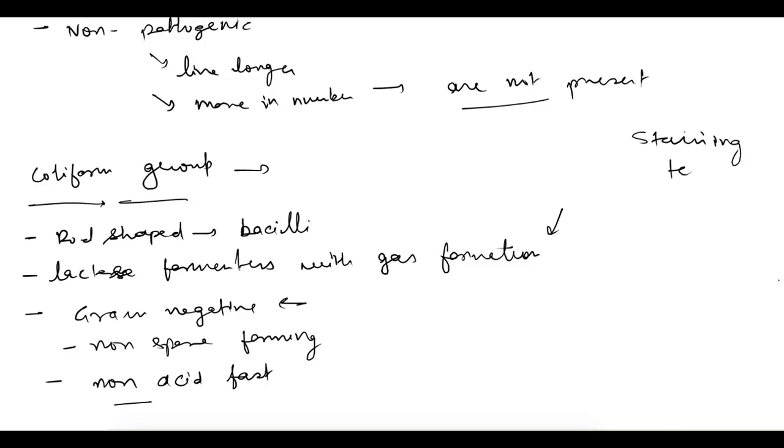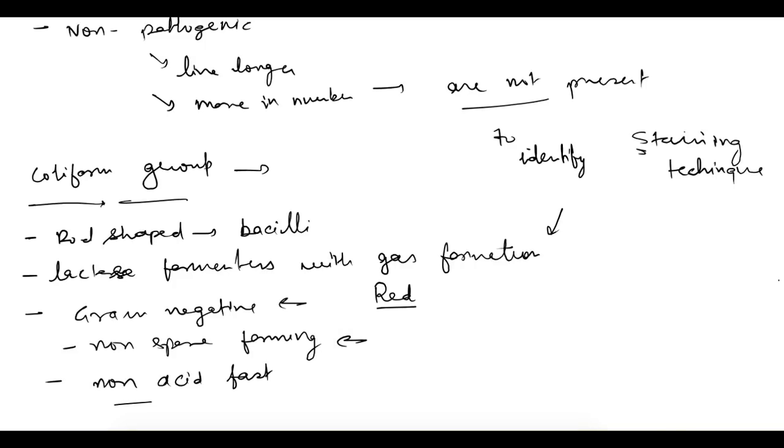And what is a staining technique? These are the techniques to identify the bacteria depending upon which color stain they form on the filter. Gram negative, gram positive is one of those staining techniques. Gram negative means it leaves a red color stain.